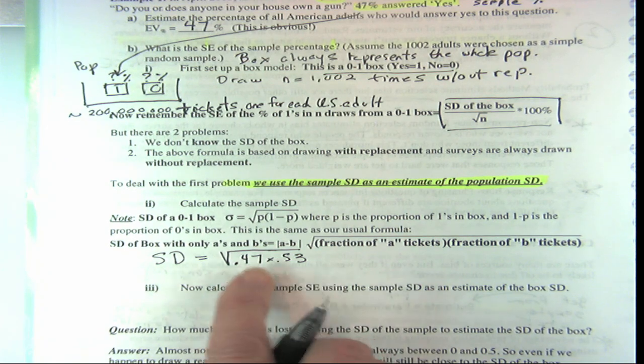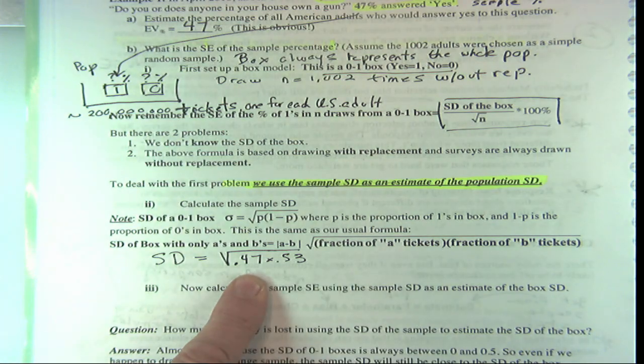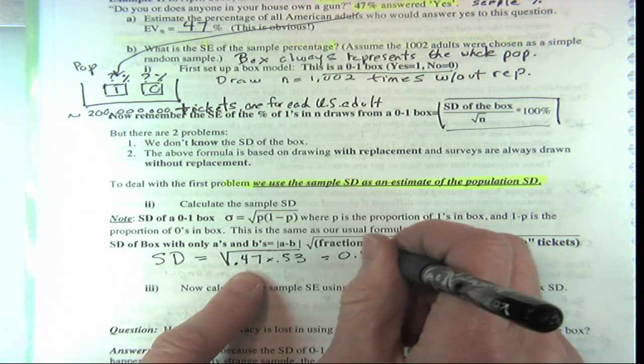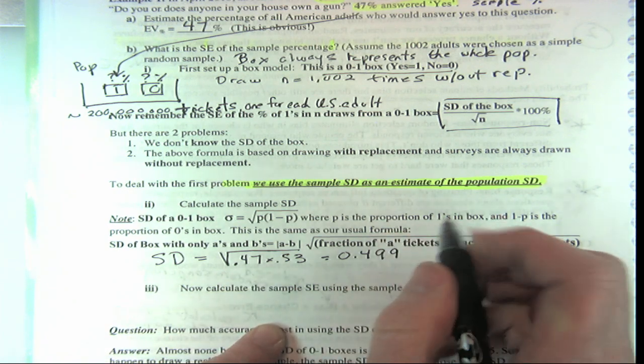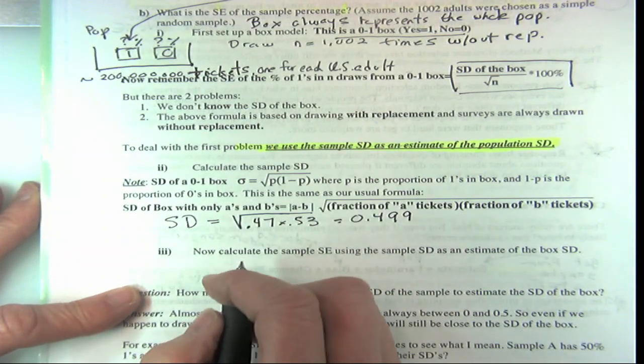It's given to us by the percent of ones in the box. And we get 0.499. That's what we're going to use as our estimate for the standard deviation of the box.